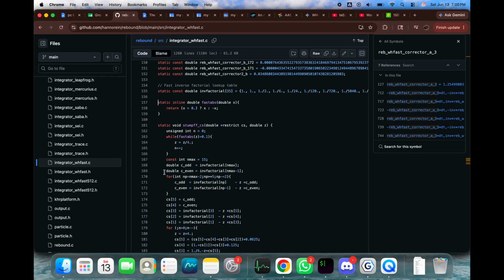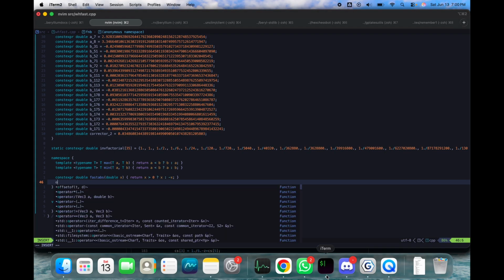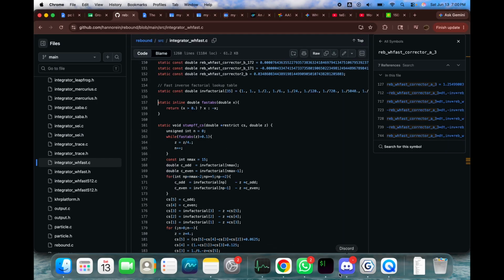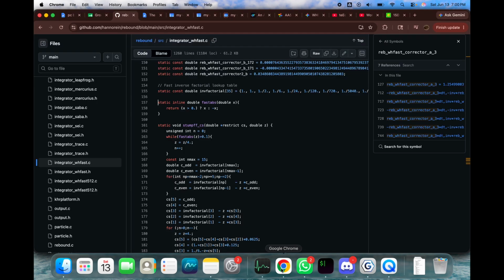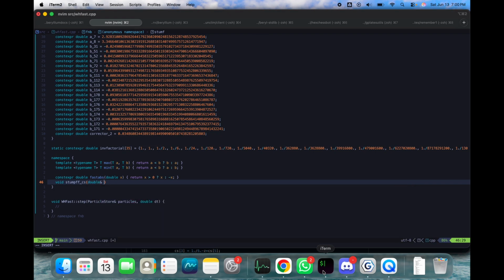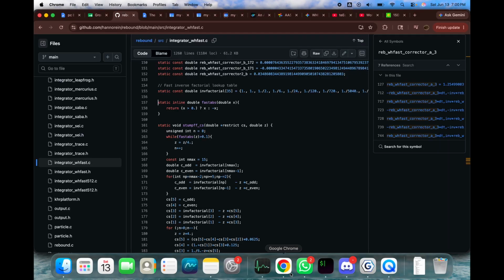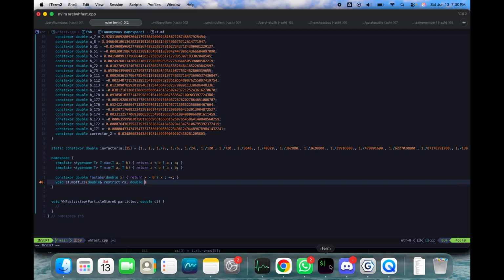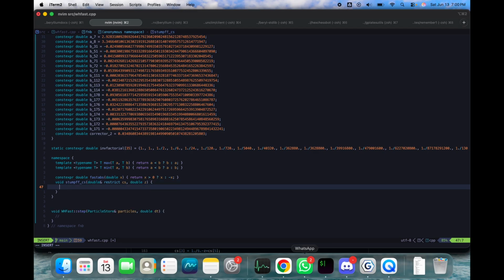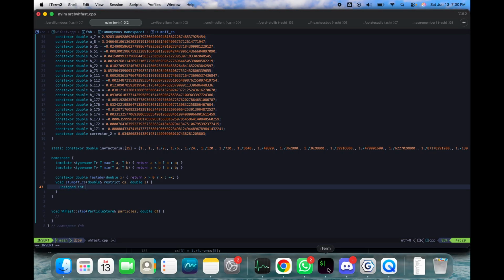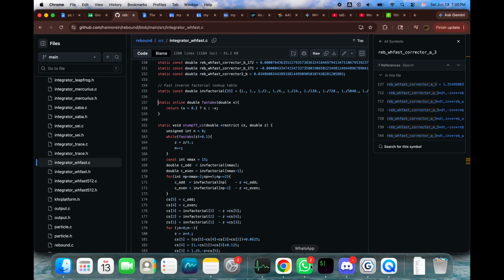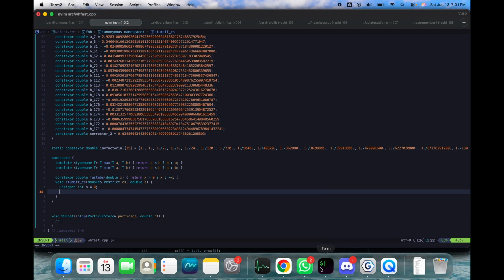Now here, this is kind of important. So void stumpff CS, and it's double restrict CS, double Z. And so we unsigned int n equals 0, while fast abs Z is greater than 0.1.